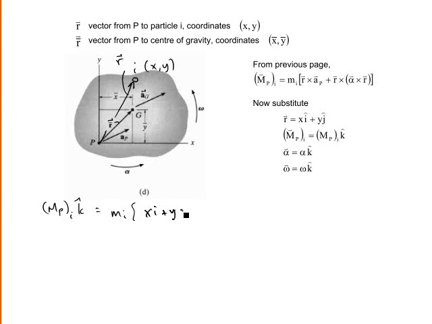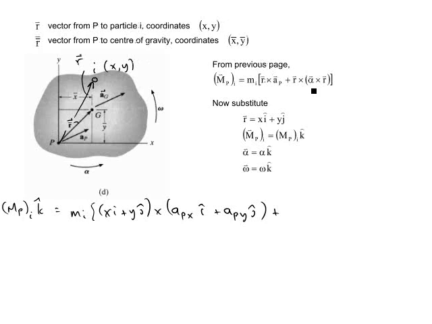Now I've got xi plus yj crossed with ap. Ap I can express as apx i plus apy j. I'm just breaking that into i and j components.